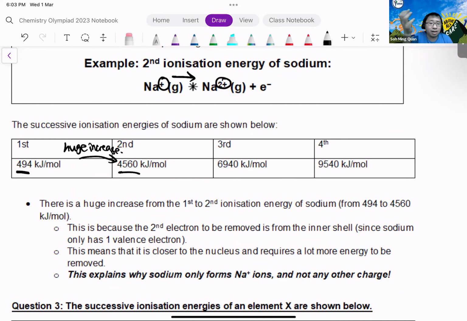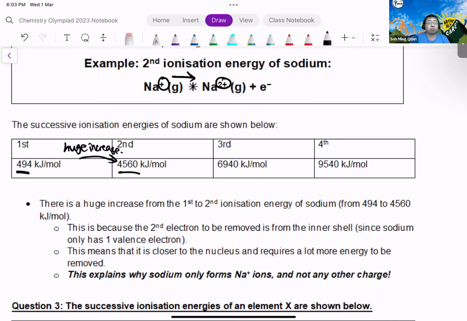Why? Because the second electron is from the inner shell already, right? Sodium only has one valence electron. So the second electron, if you really want to remove it, is from inside. If it's from inside, it's so much closer to the nucleus and needs so much more energy to be removed.